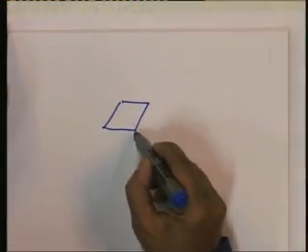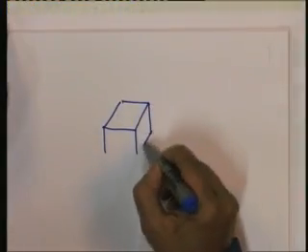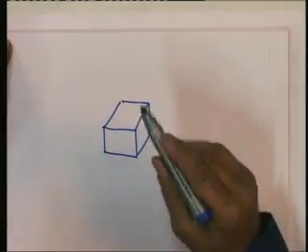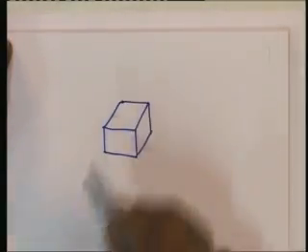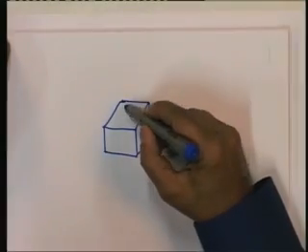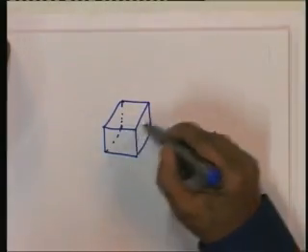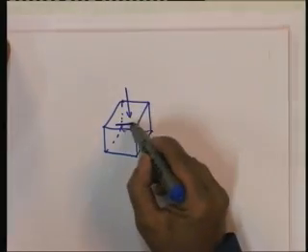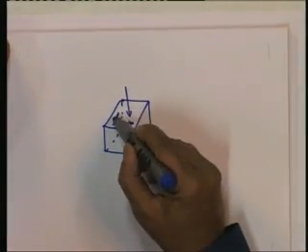So, suppose this is the element. In the last lecture, we saw that every surface or every face of this element is going to be subjected to a normal stress and two shear stresses, one in each coordinate direction.